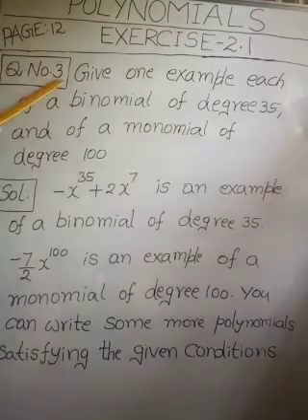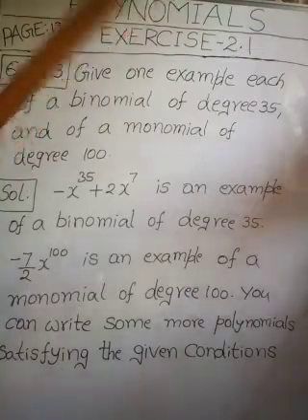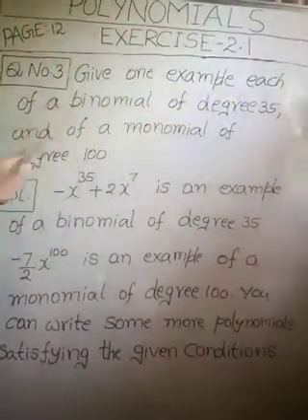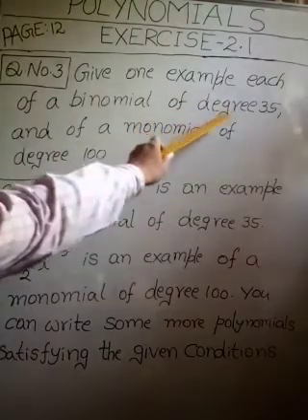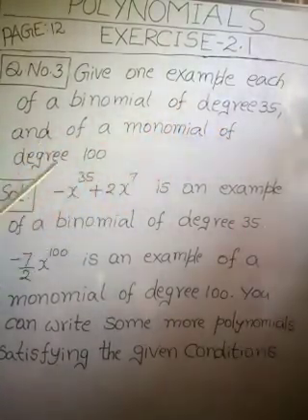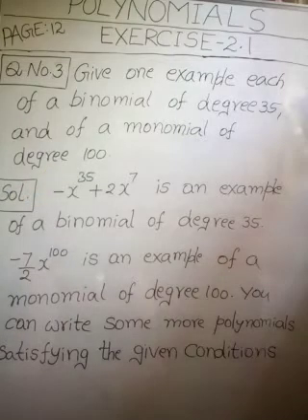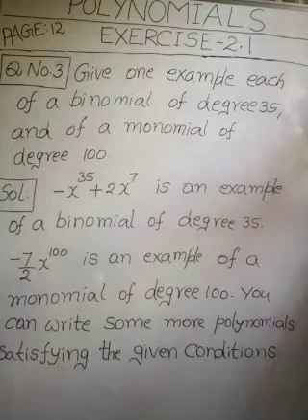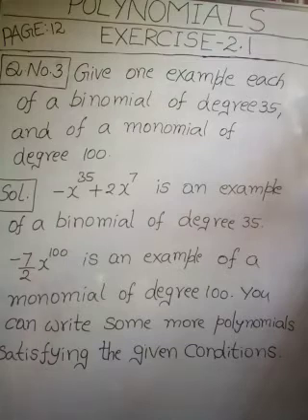Question number 3. Give one example each of a binomial of degree 35 and of a monomial of degree 100. So you have to recollect the definition of a binomial and the degree of a polynomial by mixing the two points.